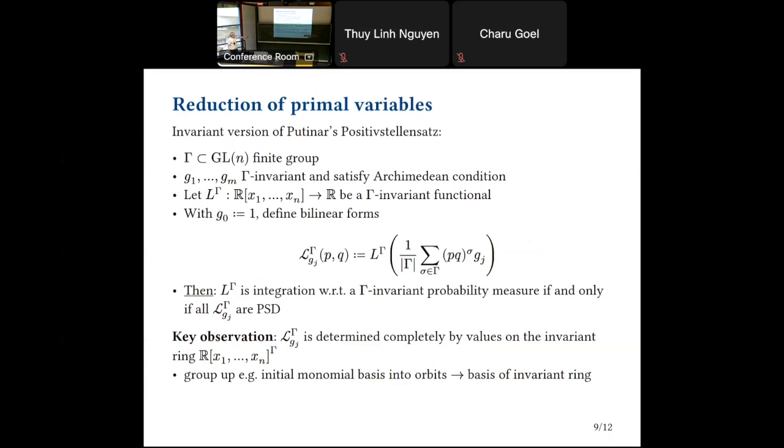Then if we have the cyclic group acting just on the variables, just by cyclically shifting them, then this theorem tells us that we can reduce the number of variables just to the variables that build one orbit under the group action. So for instance, these 3 linear terms, they are shifting around, right?